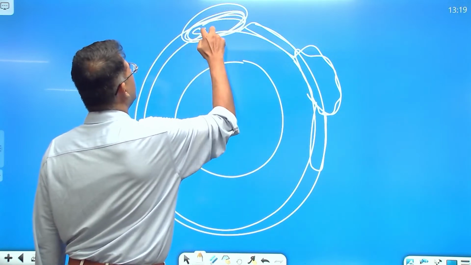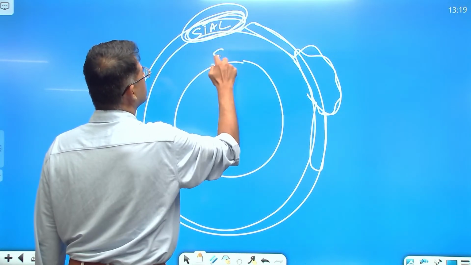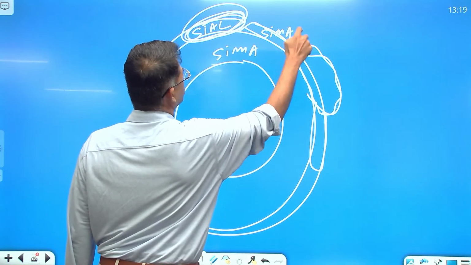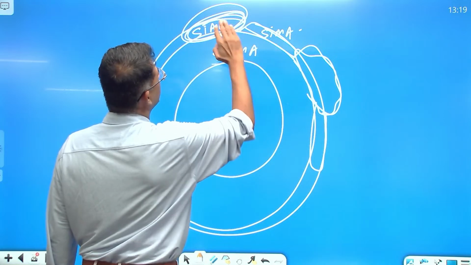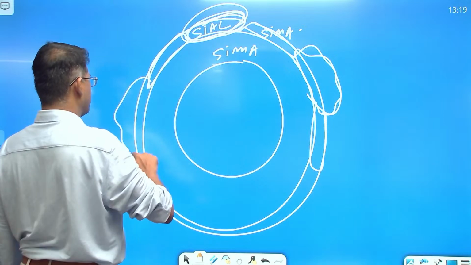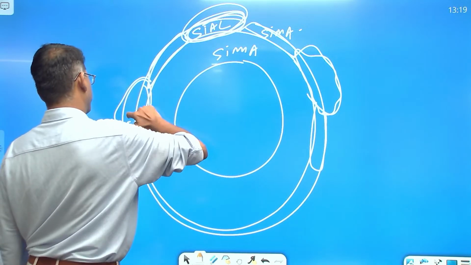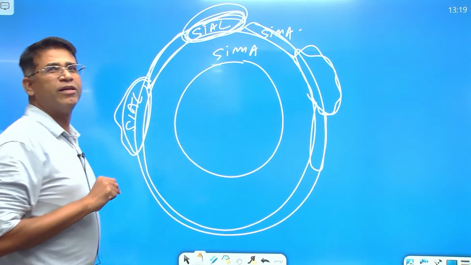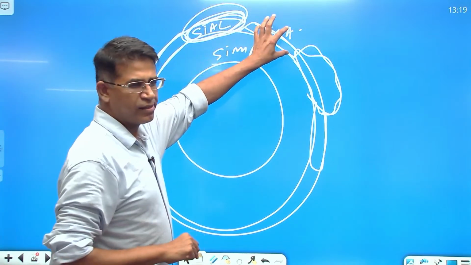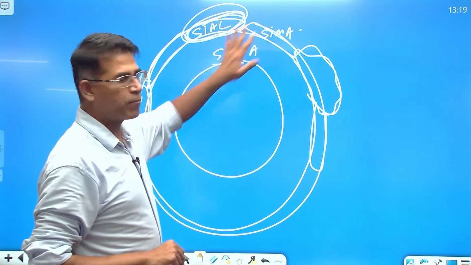So this is Sial, this is Sima, this also is Sima. Where the oceans are, there is no Sial. So wherever the continent is not there, we have only Sima.